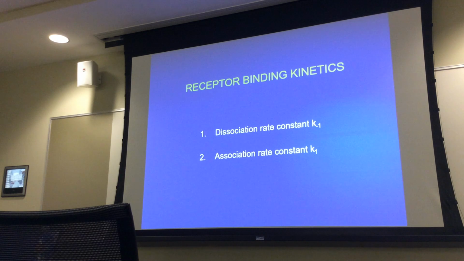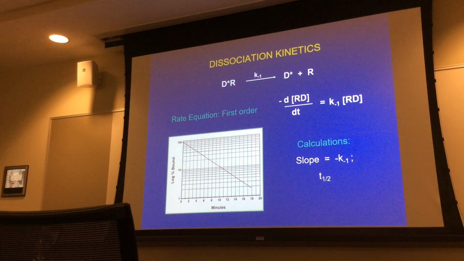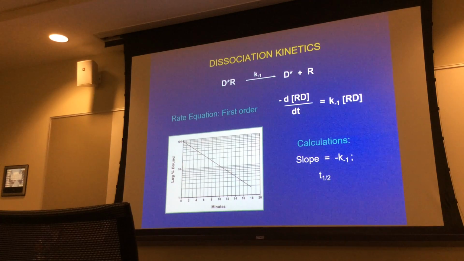So as we learned last time, there are two components to the reactions of drugs with receptors. There's the association rate, which is defined by the association rate constant, K1, and the dissociation rate, which is defined by the dissociation rate constant, K-1. We'll begin with the dissociation rate, K-1, because that is the easiest. So this is the reaction that occurs when you're looking specifically at dissociation.